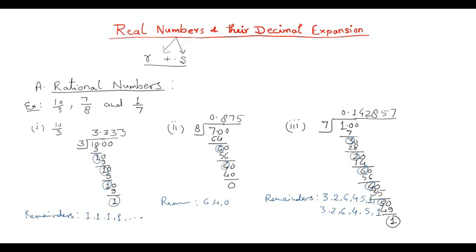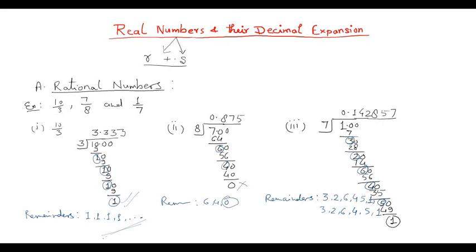In example 2, the expansion is terminating, as at a certain step there is no remainder. In the first and third examples, after certain steps the remainders are repeating or recurring. On this basis, we can take two conditions: when the remainder becomes zero, and when the remainder never becomes zero and is recurring.